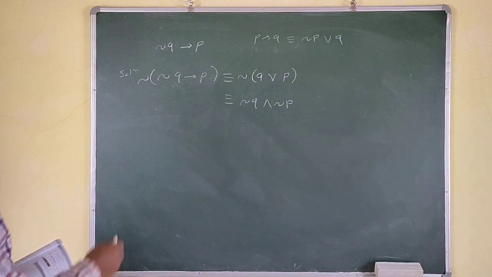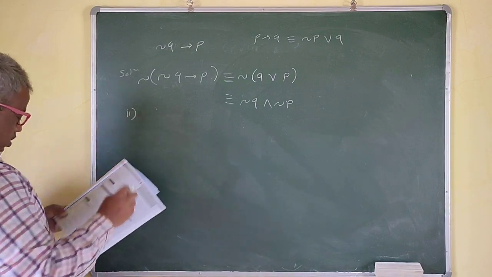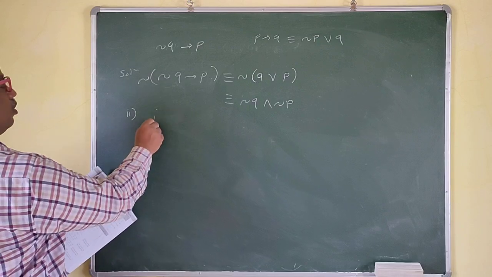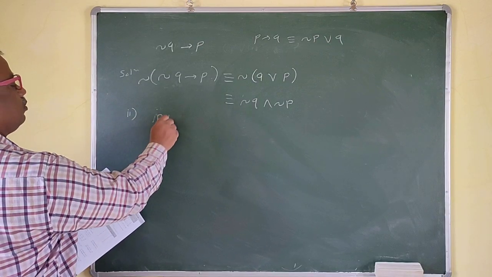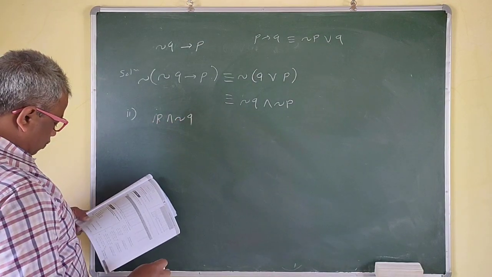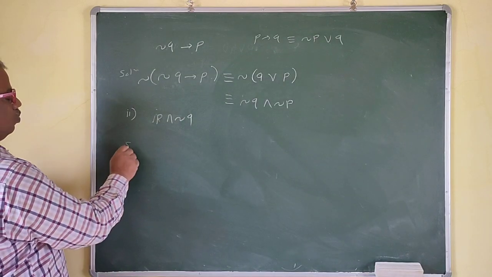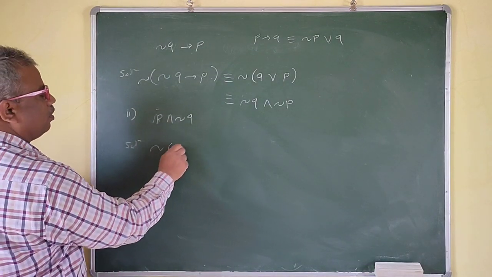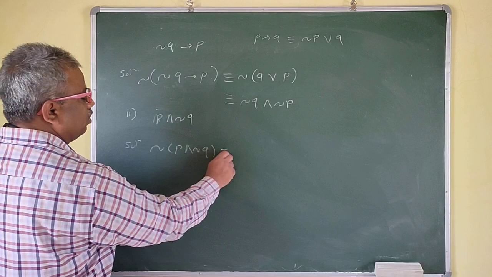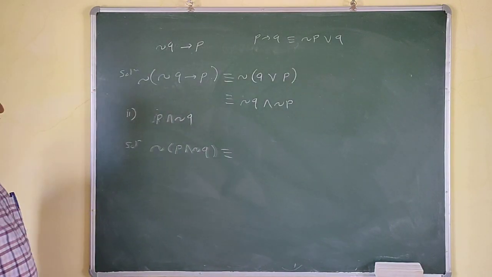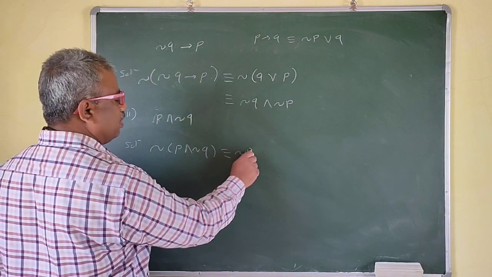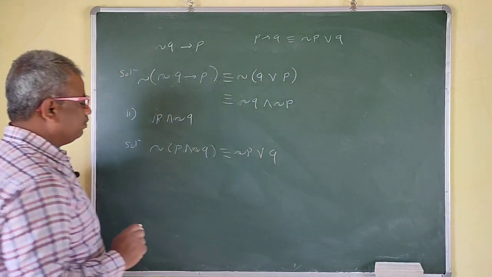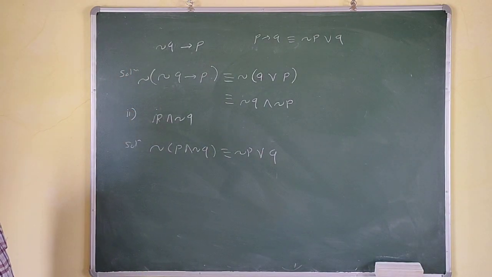Okay. Now second, you have to write the negation of this one. P and negation Q. Okay. Solution. Negation of P and negation Q is logical. You have to apply the De Morgan's law now. Negation of P or Q. Just simple. In one line.